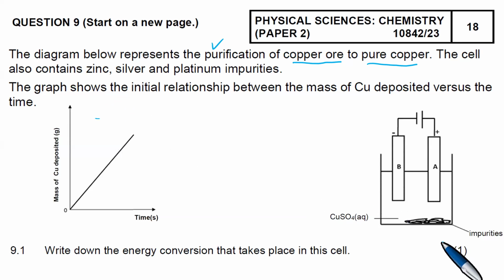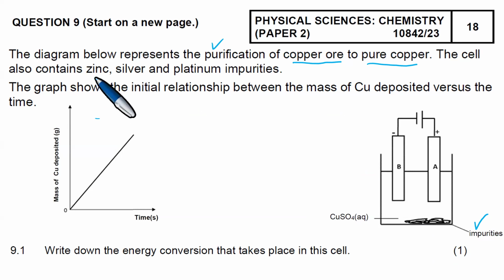So in this cell you can see there are some impurities. These things they've put here are impure, dirty, full of dust and grime, and full of soil from underground, because this copper is extracted from underground and you are putting everything inside this container.